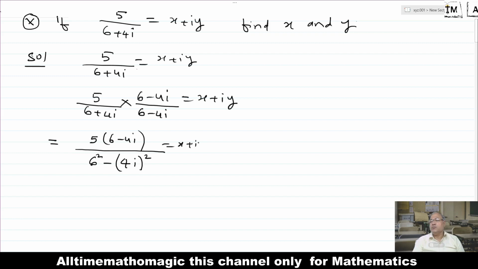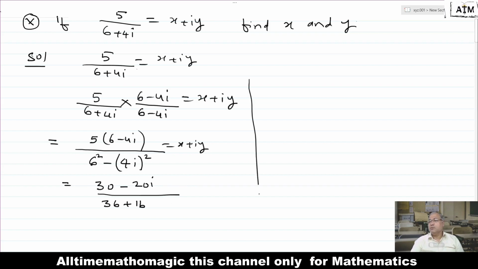equals to x plus iy, that is equals to 30 minus 20i upon 36 plus 16. So 30 minus 20i upon 52 equals to x plus iy.